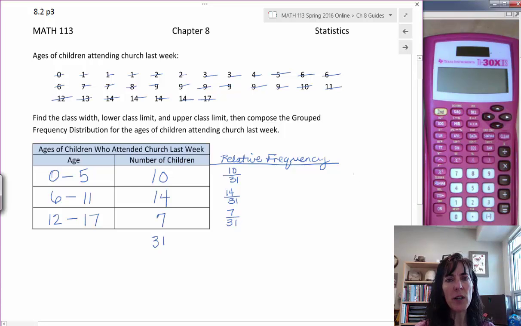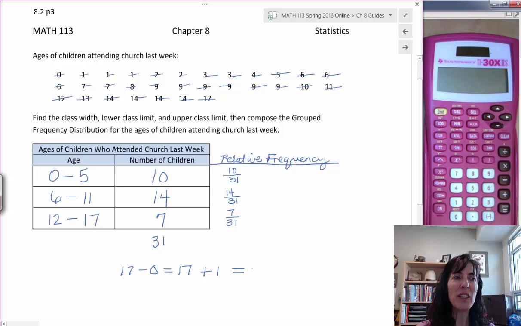So I want to talk again, just a quick refresher of how I found these classes that I wanted to use. The first thing I did was notice that my smallest number was 0, my largest number was 17. So I did 17 minus 0 equals 17, and then I added 1 back in for that 0 because I subtracted.